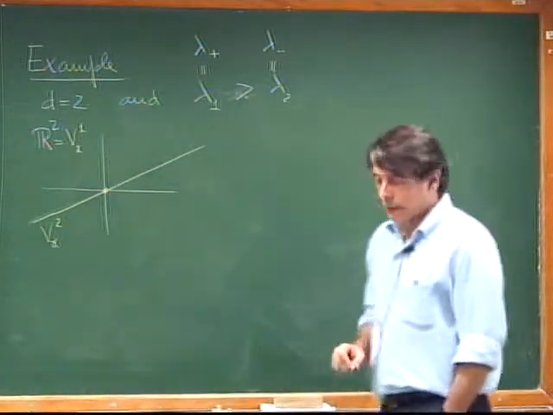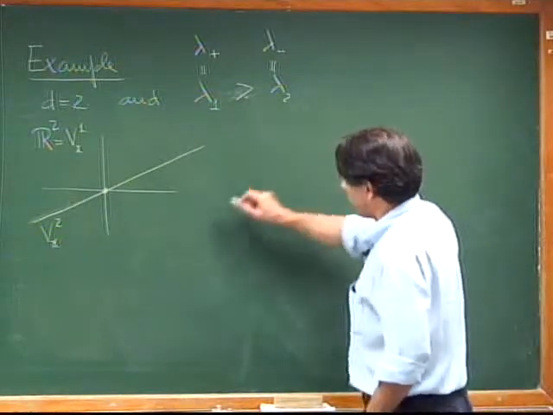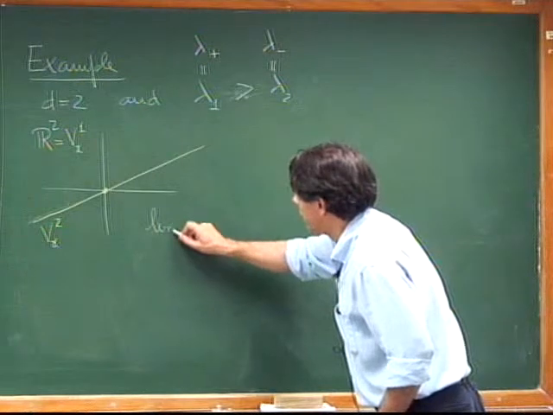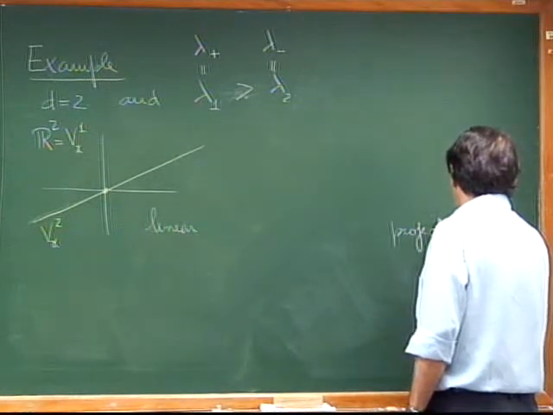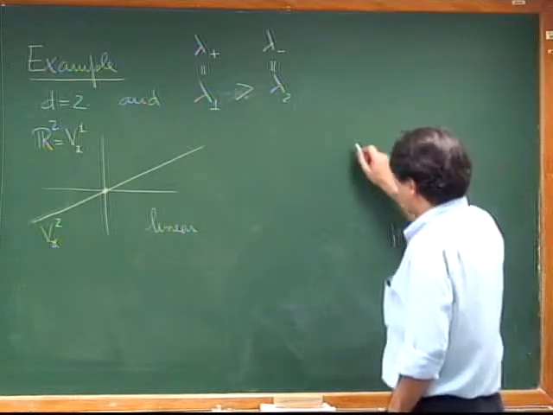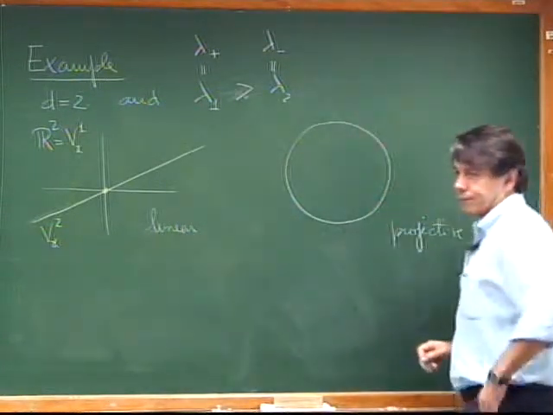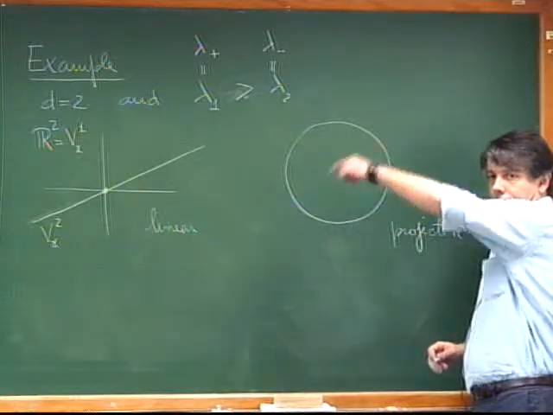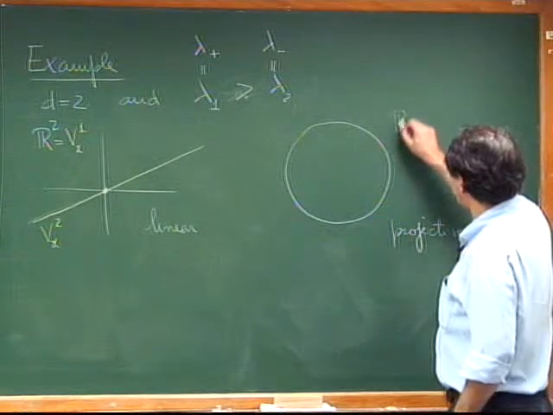Okay? Now, as I said, we may view this in projective space. This is the linear picture. Let's look at this in projective space. Well, the projective space of R2 is just a circle.